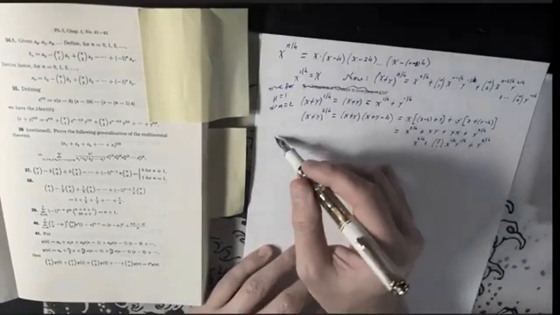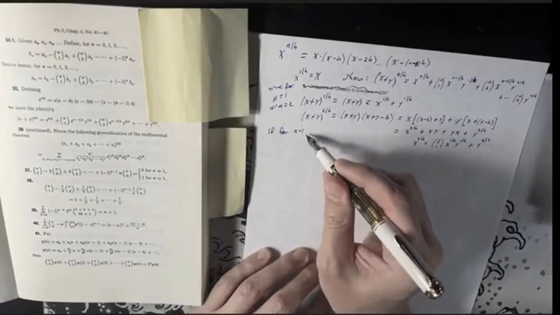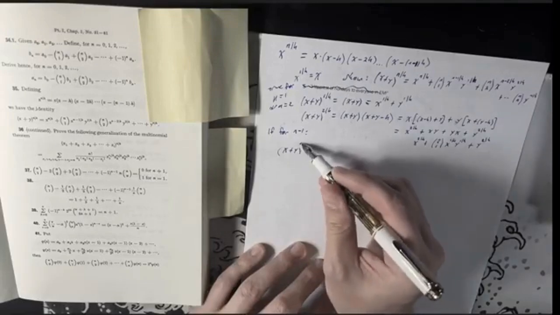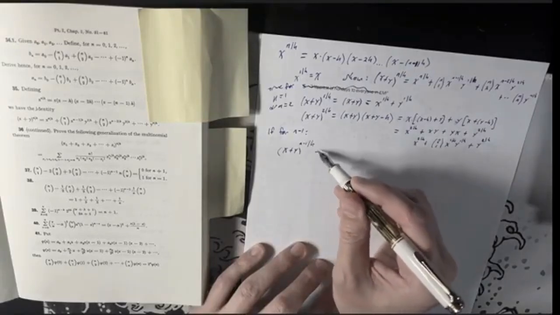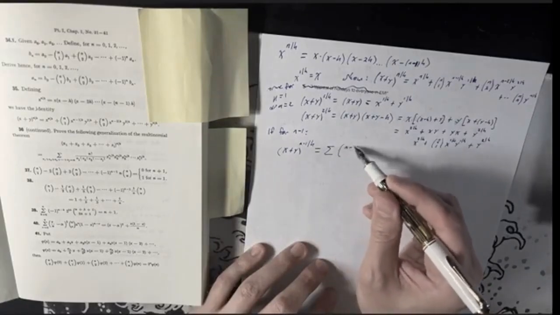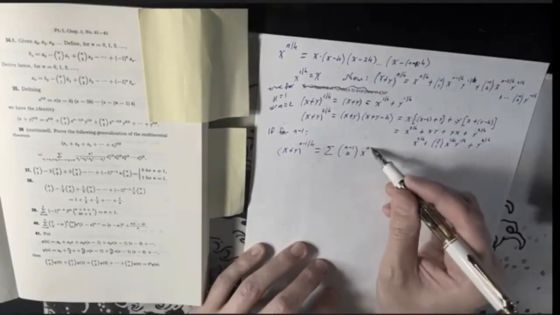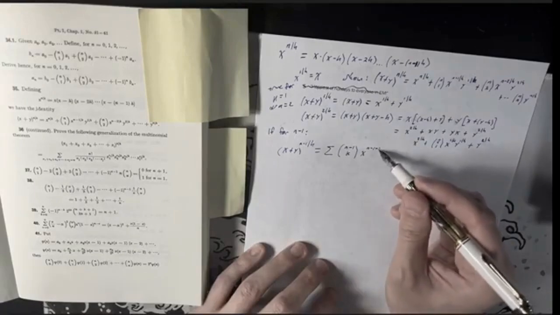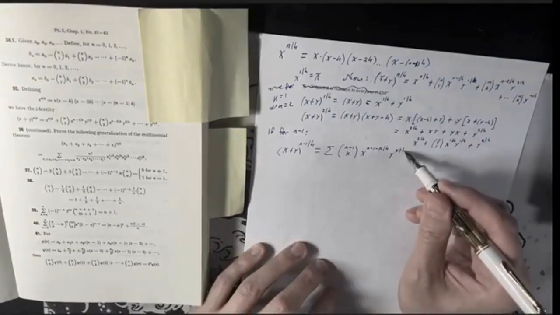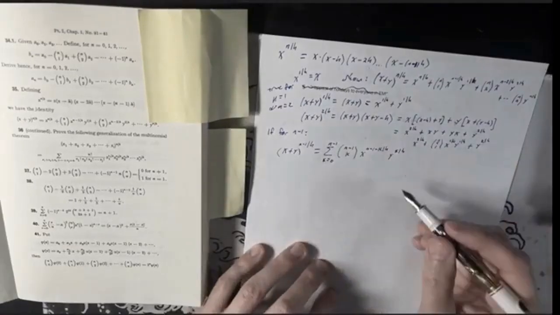So let's suppose we know for n minus 1 that we have a formula for it that goes n choose k x to the n, y to the k, like that, and this goes from 0 to n minus 1.